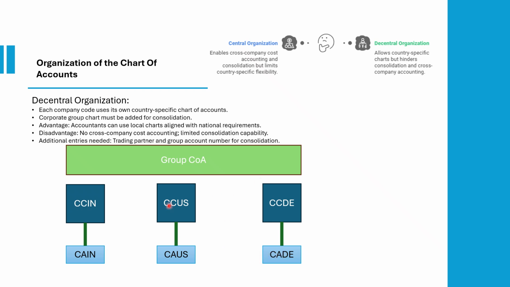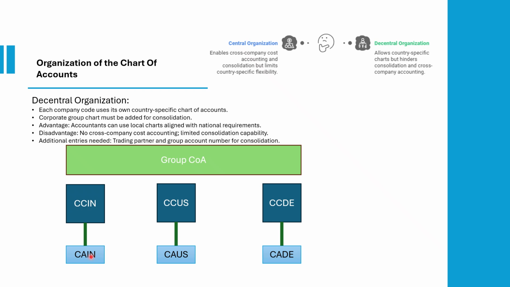But in that case, for each of these charts of accounts, let's say CAIN, you remember that in the previous slide we entered the consolidation group chart of accounts. So each of these operating charts of accounts should have that group chart of accounts mentioned there so that it can be consolidated. So the advantage in this case is that accountants can use the local country specific chart of accounts which aligns with their national requirements, okay, country requirements.